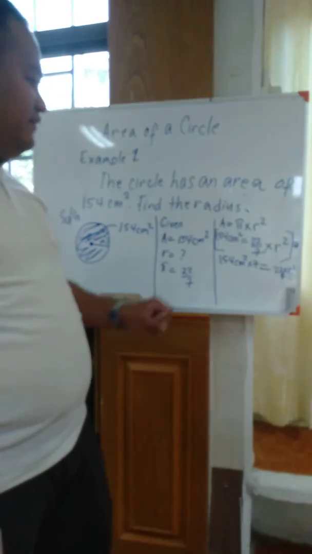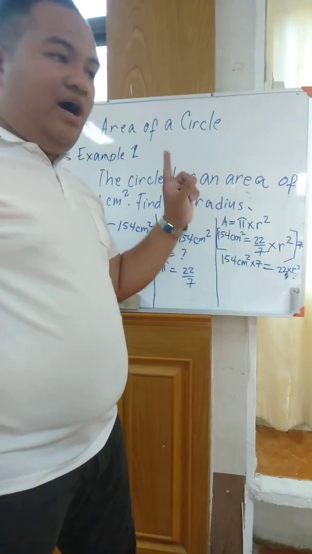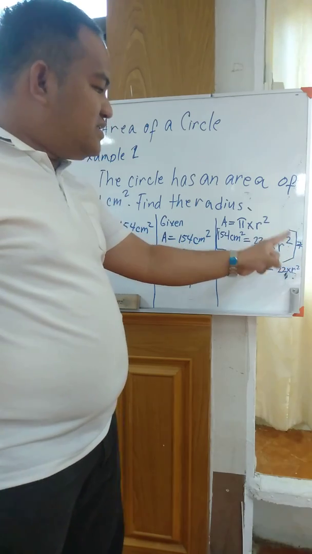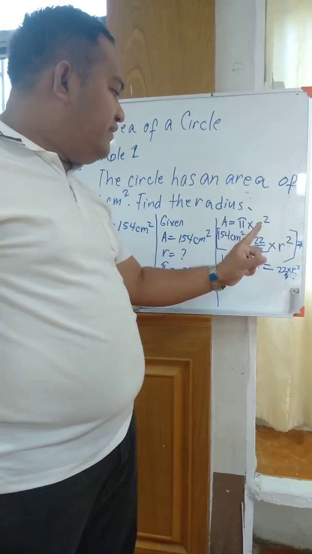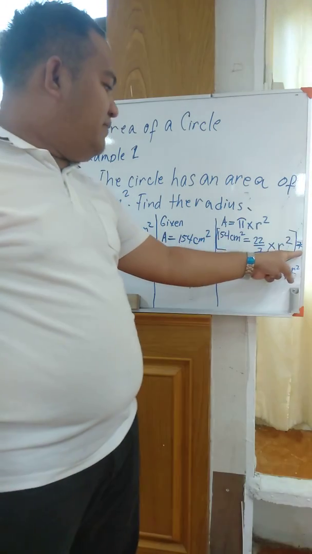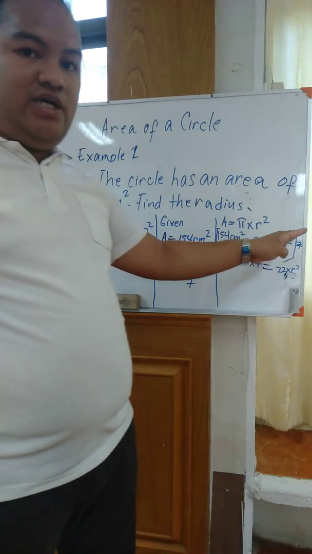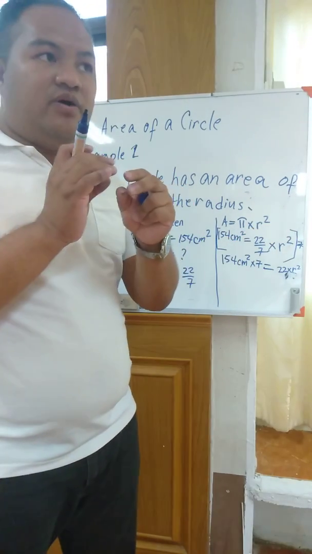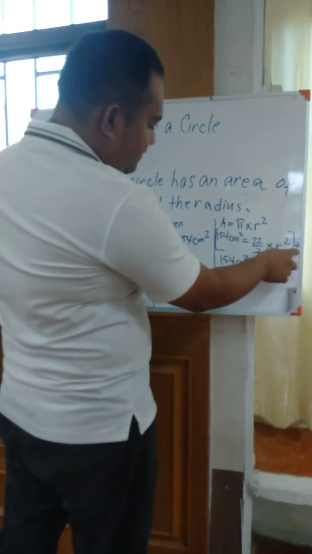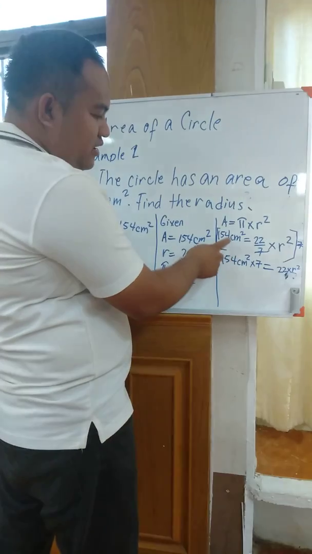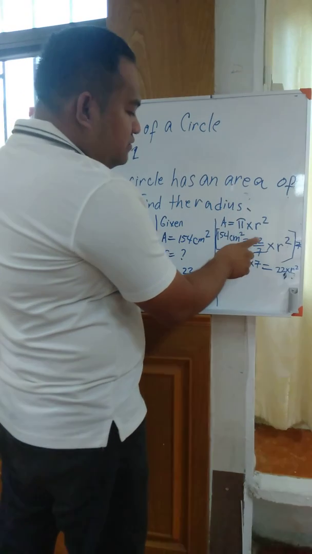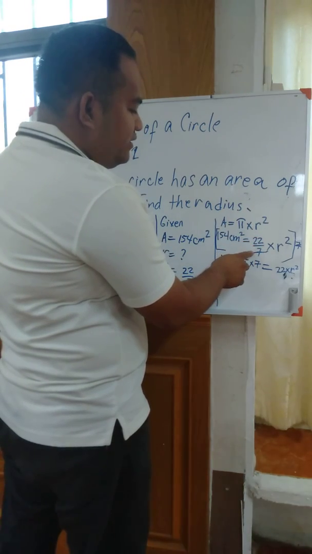Did you follow? Again, since we are given a fraction, we are going to make it linear. Since the LCD of the given fraction is 7, we can multiply 7 to the entire equation in order for the equation to be linear. So it should be this way: 7 times 154 centimeters squared, and then 22 over 7 times 7.